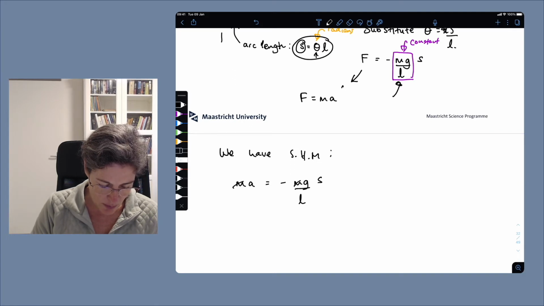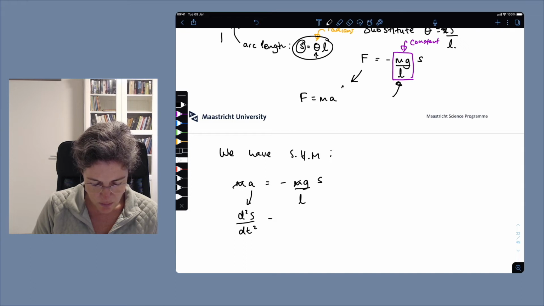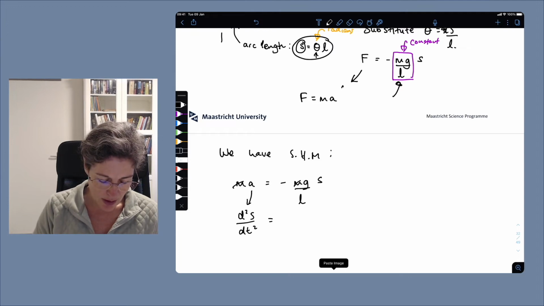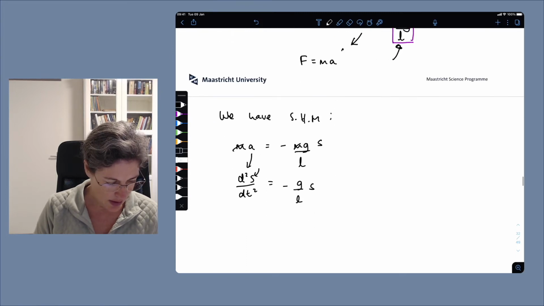Getting rid of our m's, we've got d squared s by dt squared, just putting my acceleration into terms so that we know exactly which units we're using, we're using displacement here, equals minus g over L times S.